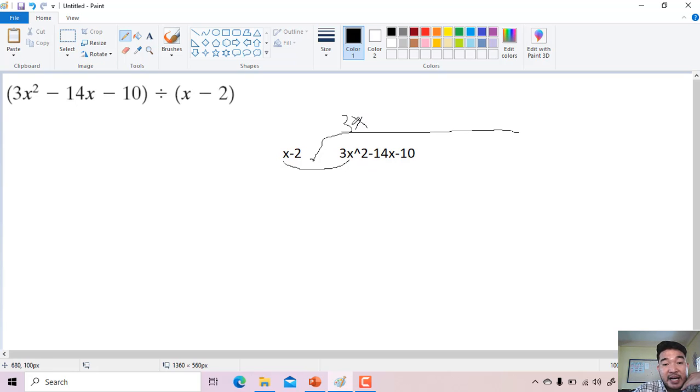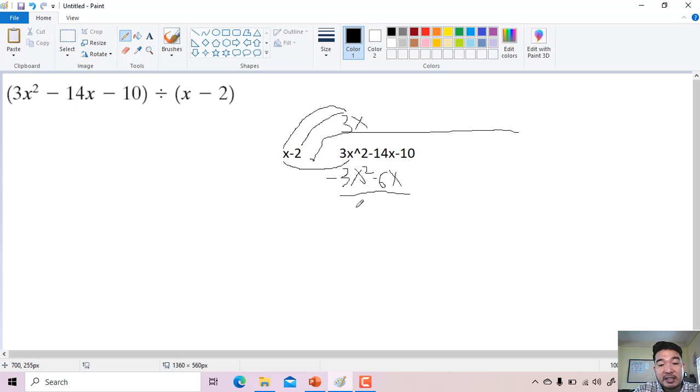And then after dividing, we multiply 3x by x and then 3x by negative 2. So 3x by x is equal to 3x squared. And then 3x multiplied by negative 2 is equal to negative 6x. And then what we do is to subtract this.